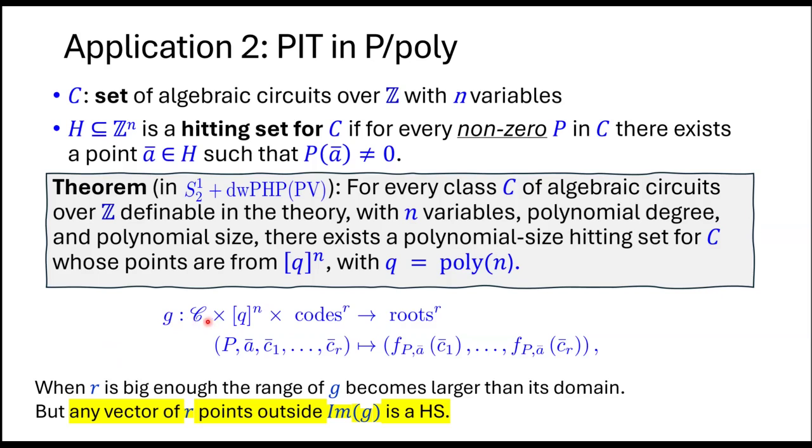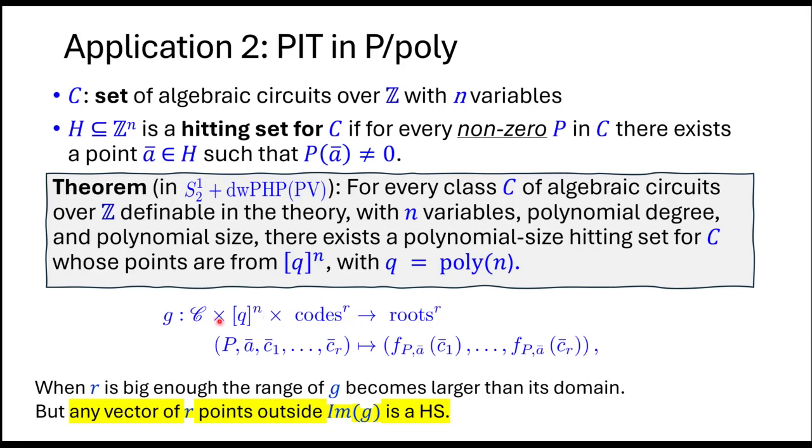So g is going to be a function from C, the set of codes of algebraic circuits of some polynomial size, and Q to the n, these will be the points A, or it should have been actually B. These are the points B that we used before, the potential non-roots, and then the codes, but multiplied with R copies. And the range is going to be roots with R copies.